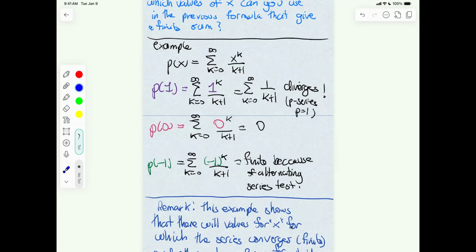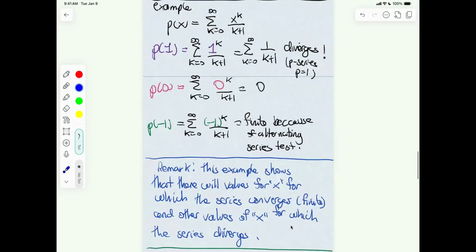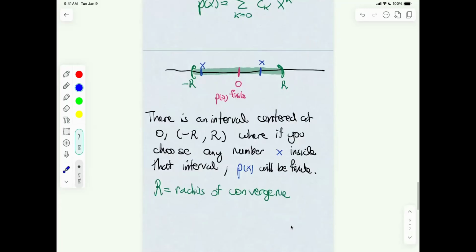I'm just explaining why it's called radius of convergence, because the word radius usually refers to a circle, right? But an interval has nothing to do with a circle. Once you add an extra variable, the complex variable, then all of this becomes a problem of the plane, and you get a disk instead of an interval, which has a radius, and that's where the name comes from.